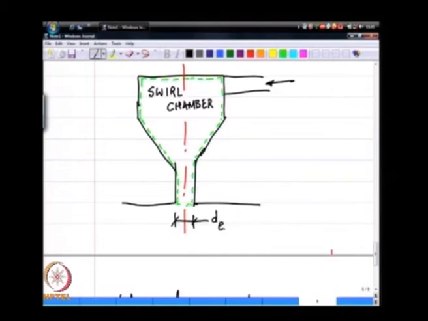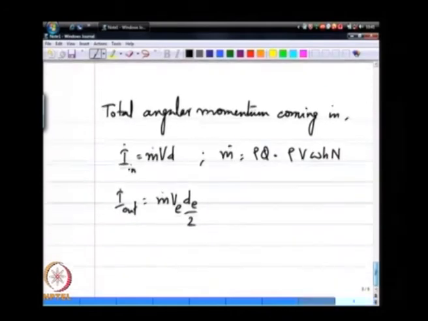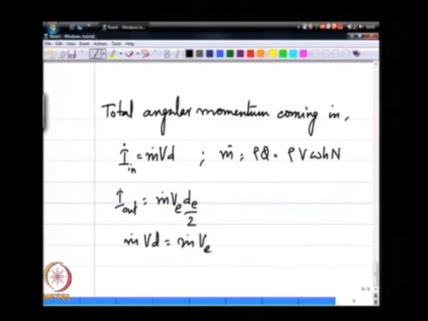The angular momentum of the fluid coming in has to equal the angular momentum of the fluid exiting. So, if I equate the two, this is only really true for an inviscid flow.